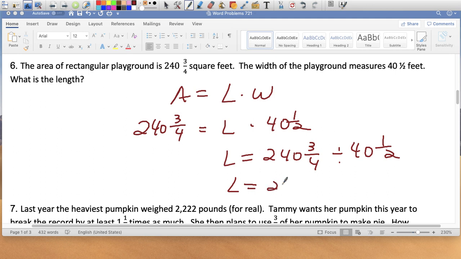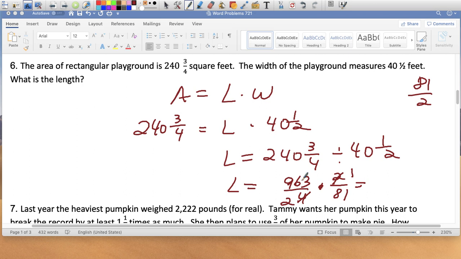So length is going to be 240 and 3/4. I'm going to change this to an improper fraction. So 240 times 4, 960, or 963 over 4, and if you change 40.5, that's 81 over 2, right? So we're going to multiply by the reciprocal, which is 2 over 81.